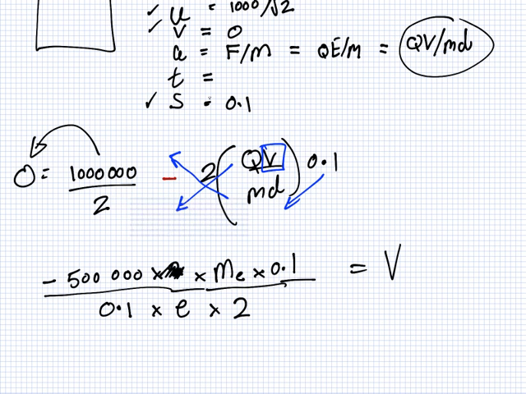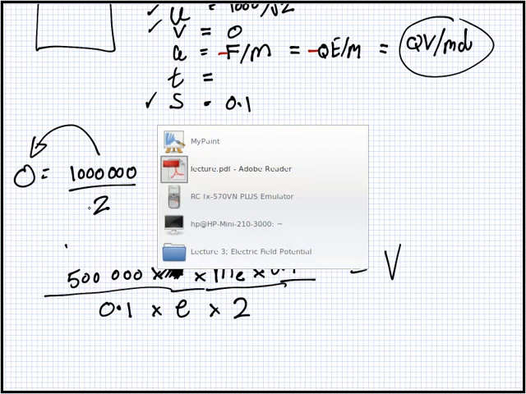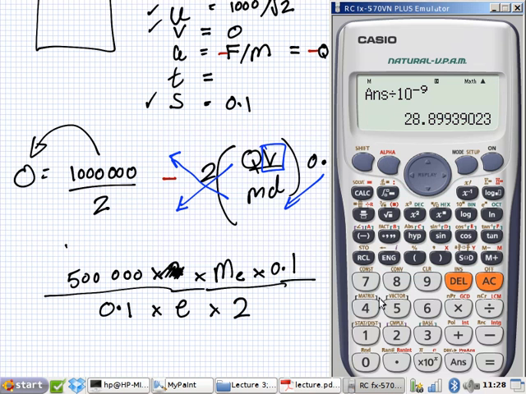This is a minus, because the acceleration is downwards. That's good because it means it cancels this minus here. Okay, I think that's right now. Well, we'll see if we get the same answer. On the top, I have 500,000 times 3, is it?